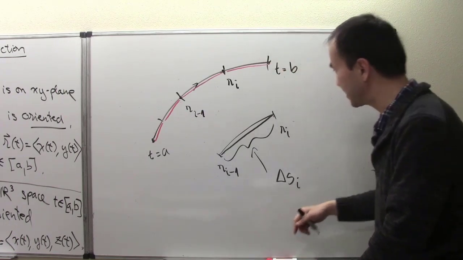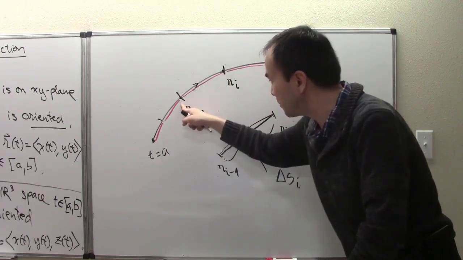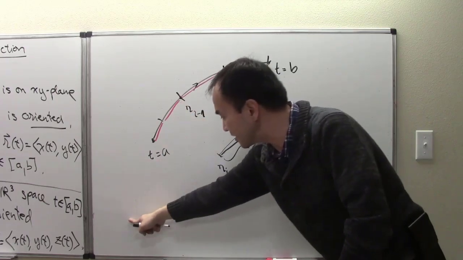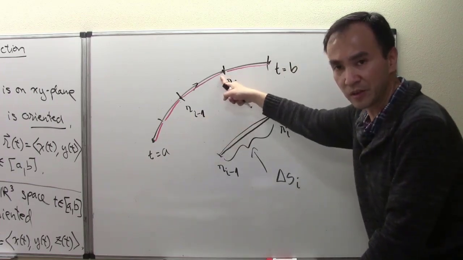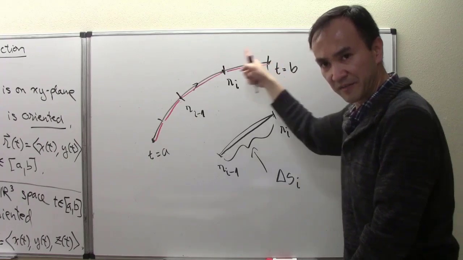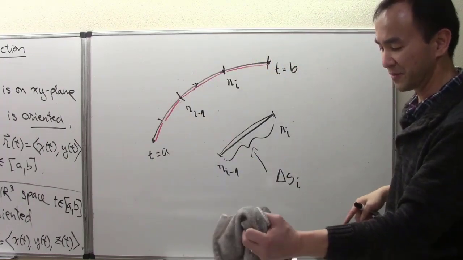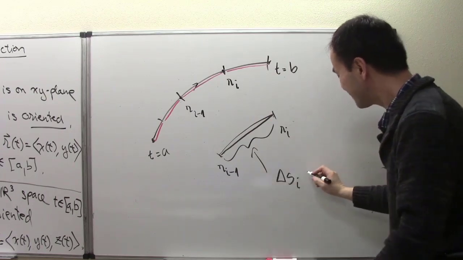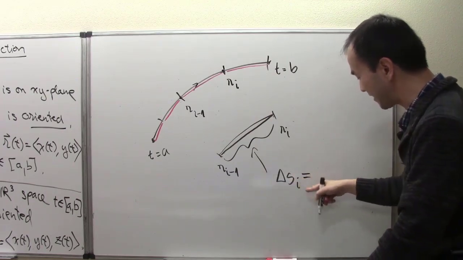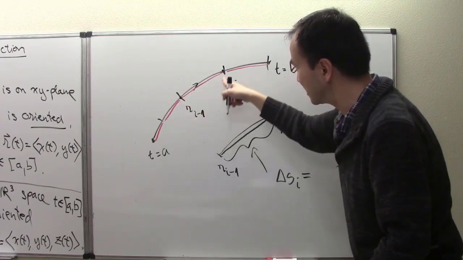I pointed out in the picture that from the origin, wherever that is, pointing to this point is r sub i minus 1. And it's a vector r, right? Again, r sub i right here. Because this curve is parameterized, it has a set of parametric equations. So delta S sub i right here is indeed simply the length from r sub i minus 1 to r sub i.